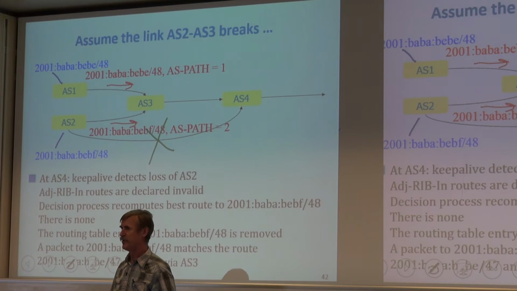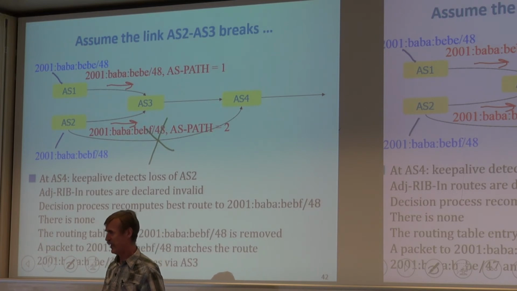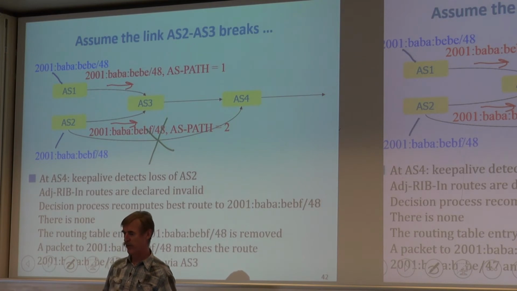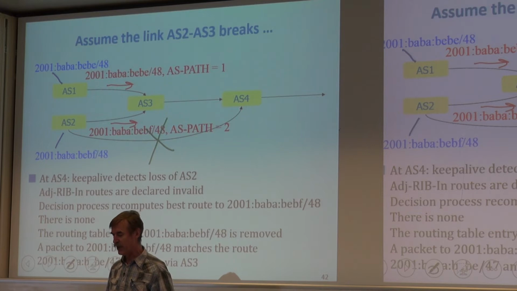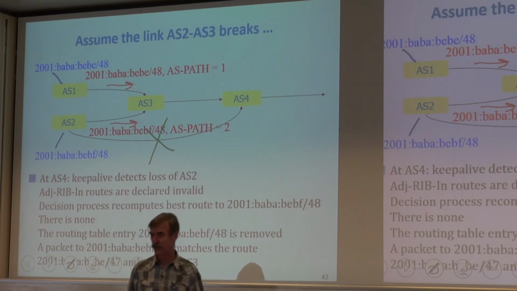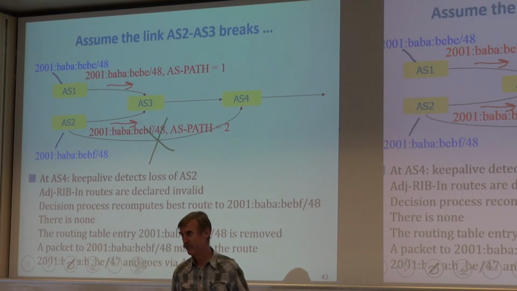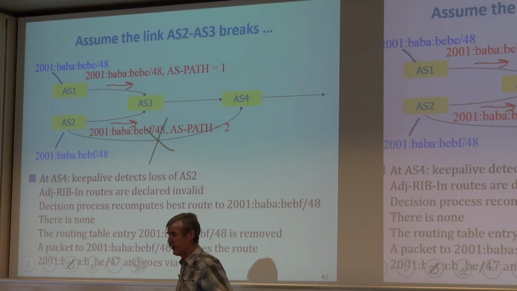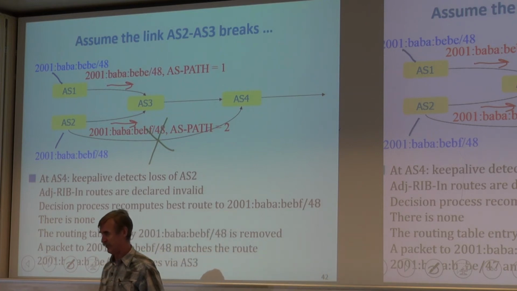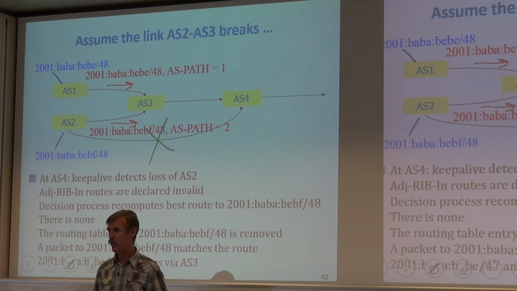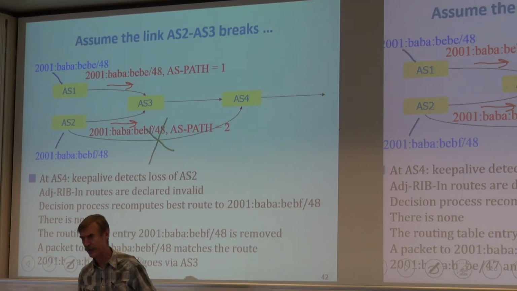We don't know. It depends on the decision process inside AS4. If all default values are used, and if AS4 decides to aggregate, that means decide to forget the announcement received by AS2, then of course the only announcement will be through AS3. The only one that is kept, and they will go through AS3. But in general, that's not done.